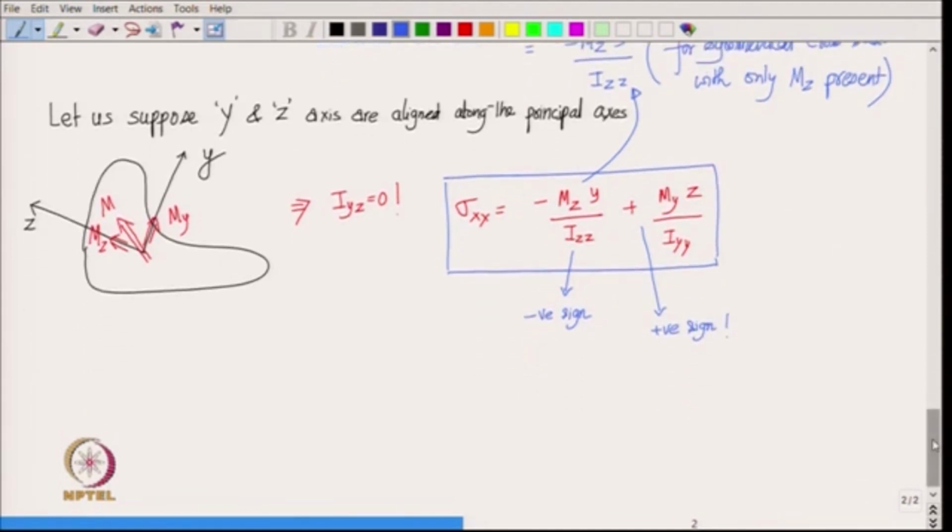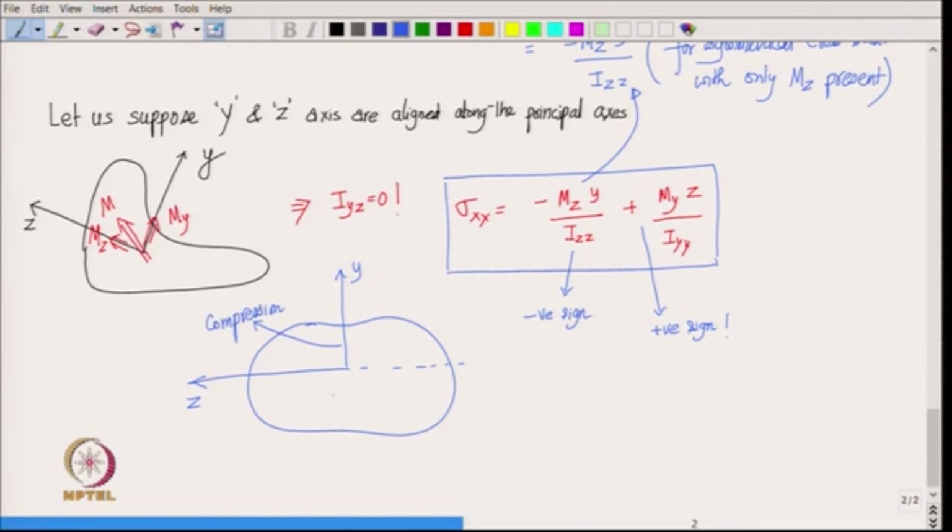So, to understand this, we can simply have a look at the cross section. So, suppose that this is the cross section and we have y axis and z axis. Now, when we apply moment about z axis, then the bending is such that the positive y side is under compression, whereas the negative y side is under tension, right.